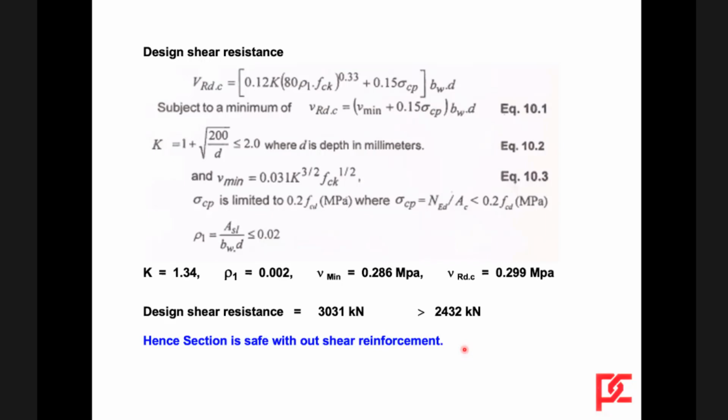Suppose for some reason the pile load is about 700, 800 tons, then definitely we would have required shear reinforcement. Whereas here, with a pile load of only 400 tons, we don't require any shear reinforcement.